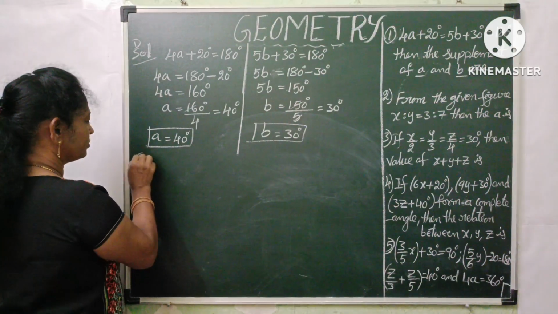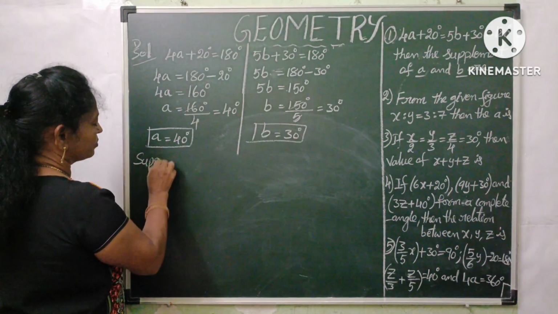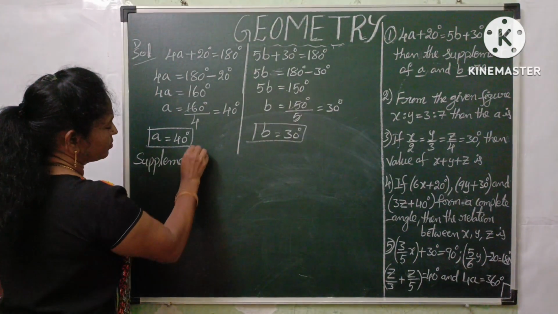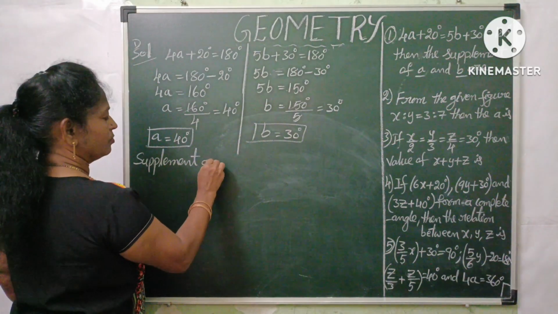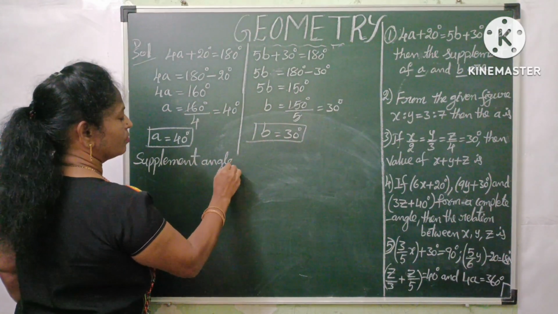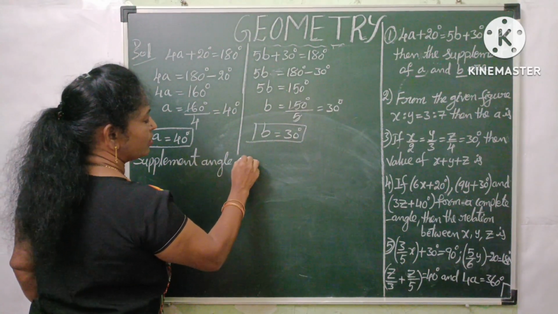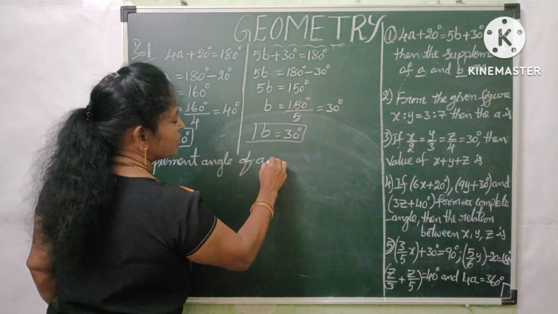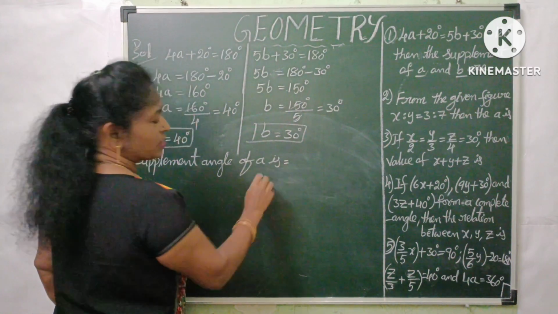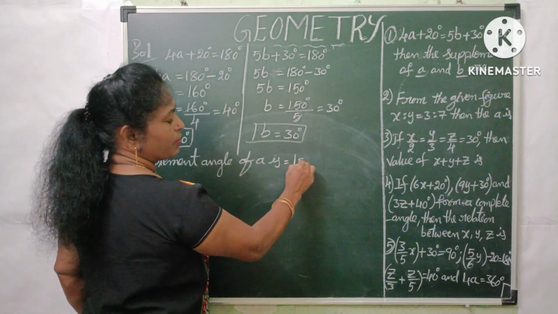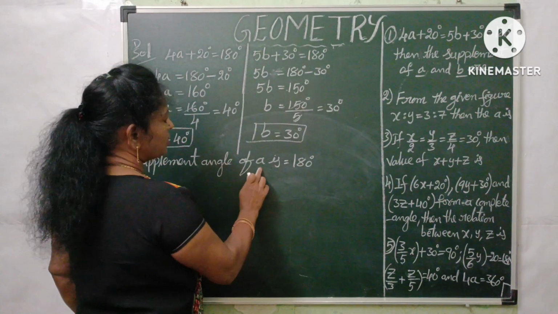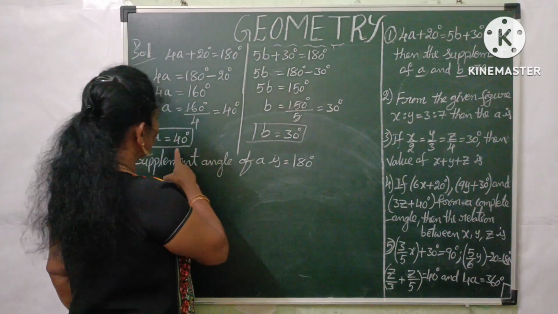So the supplement angle of A is, actually the measure of the supplementary angle is 180 and A here is 40.